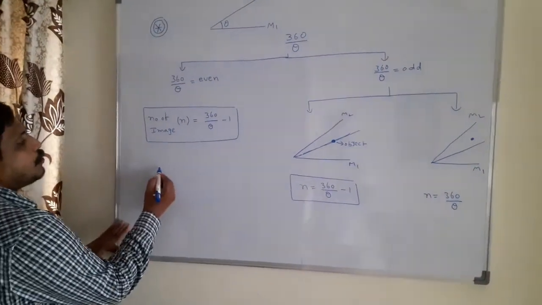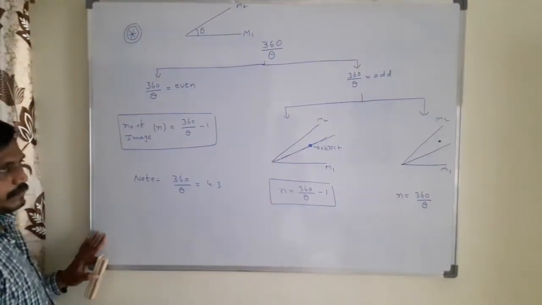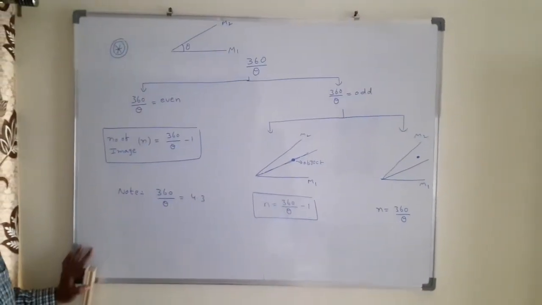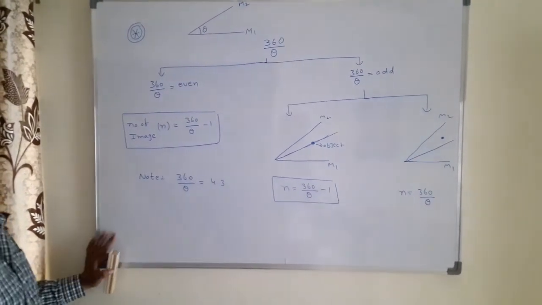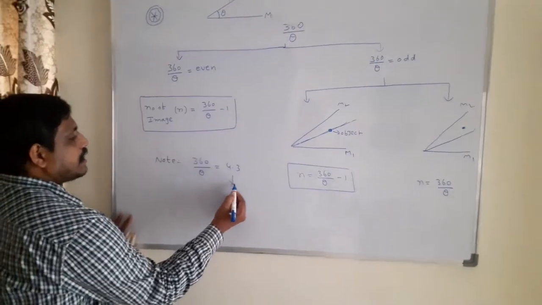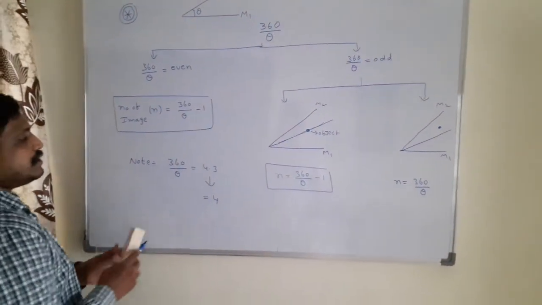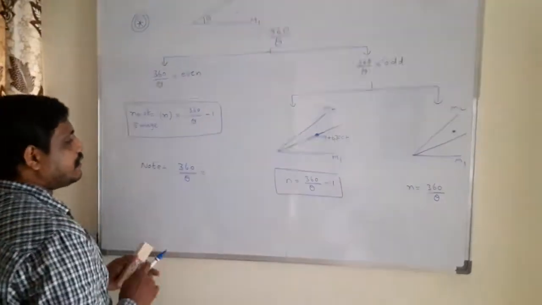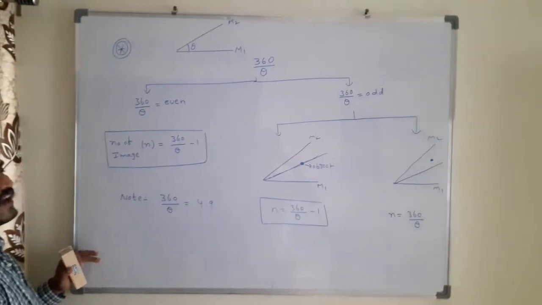A small note I also discuss in this condition. Suppose 360 by theta value is 4.3. This is not even, this is not odd, this is called a fraction. In this situation, directly write the number of images as 4. For example, 360 by theta is 4.9. This is also a fraction.